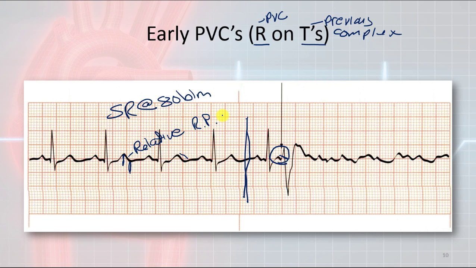I'm just going to abbreviate RP there. It's occurring on the downsloping of that T wave, which is the relative refractory period, which means it can respond to another impulse, but it is very delicate. In this case, this PVC that occurred on the downsloping part of the T wave right here caused the person to go into a VFib. Not all R on T PVCs cause a person to go into VFib, but that is a concern.